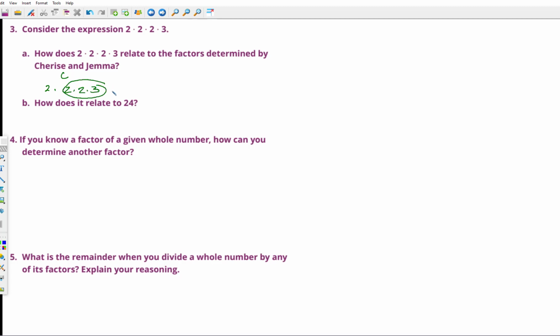So here's the 12 and here's the 2. Gemma had 3 times 8. So here's the 8. How do these relate to 12? If you multiply them, what do they create?